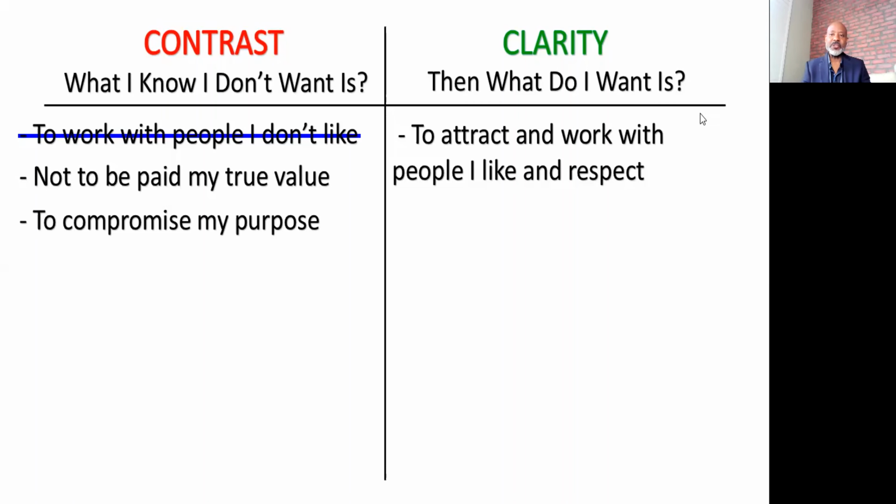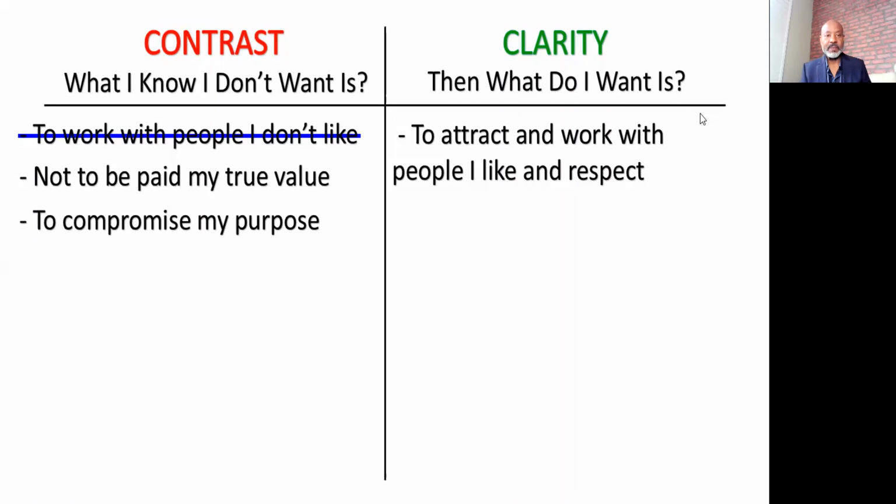So we're going to use this contrast and clarity exercise. And the clarity, the statement, then what do I want is. And we're telling the subconscious mind, this is me. So don't get hung up on the fact that it's not grammatically correct, but read the statement and read it out loud.